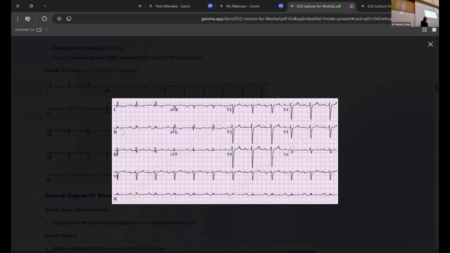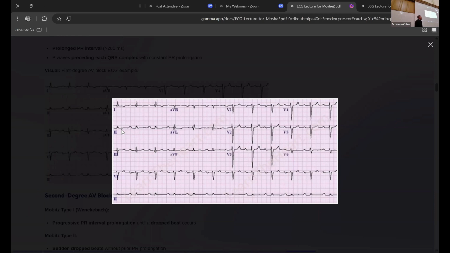Heart rate. You can choose. Here it's very obvious. 300, 150, 100, 75, somewhere between 60 and 75. So this is a normal heart rate, right? Let's say the heart rate is around 65, 67. What about the rhythm?